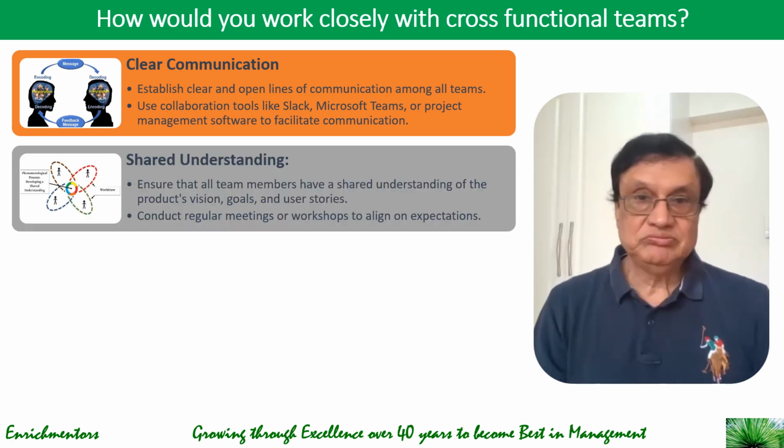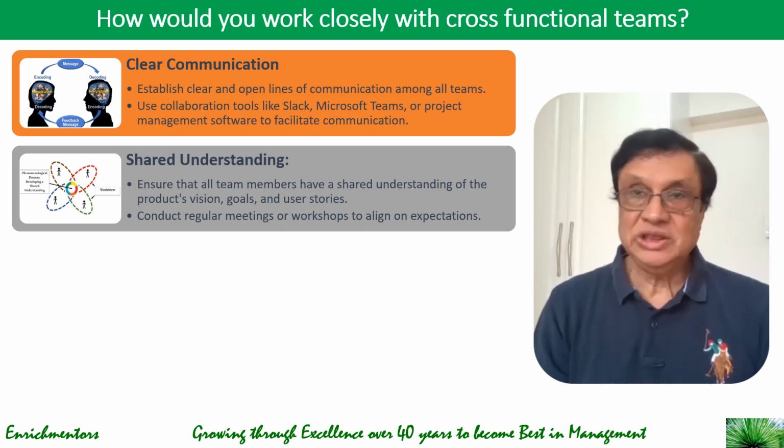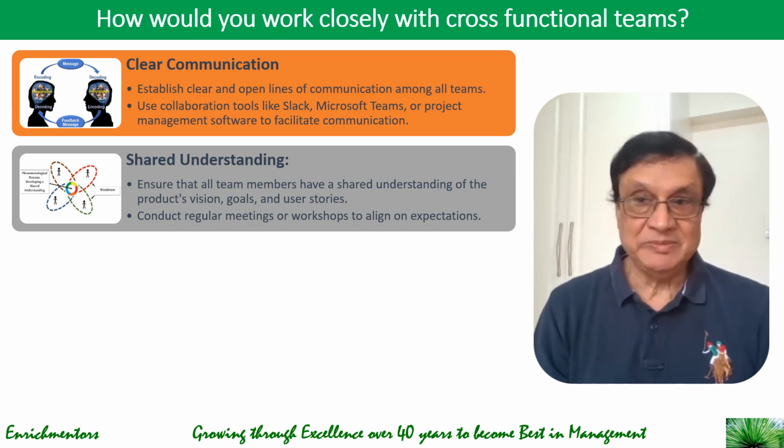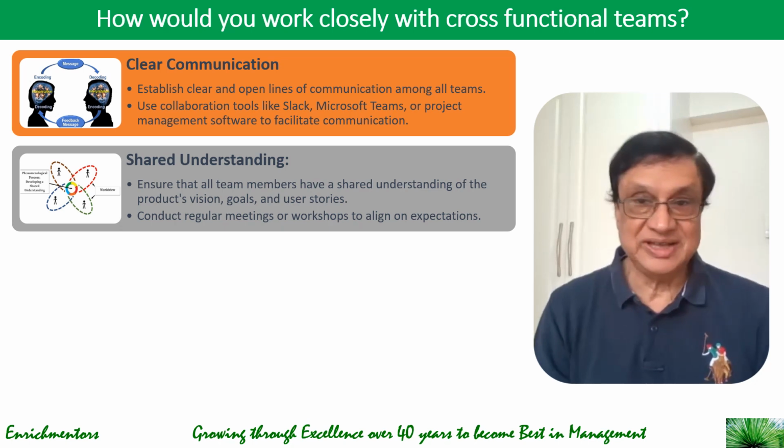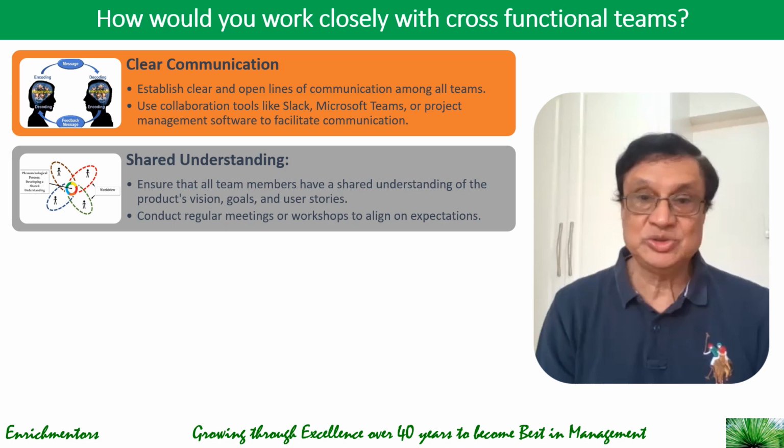Then you need to ensure that all the members of the team, development team, QA, designers, developers, and anyone else have a good shared understanding of the vision that you want to achieve as a product, the goals, and the user stories. We have developed the user stories so far in this process that the development team needs to deliver.